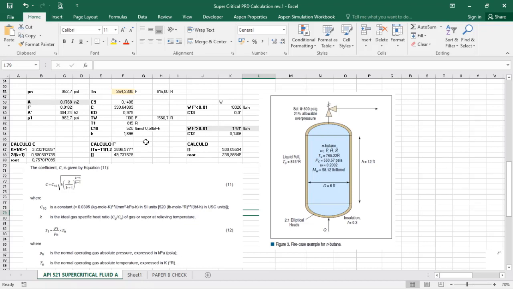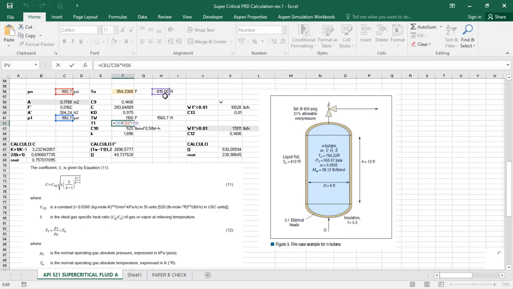So in this case, what I did to define the T1, that is the relief temperature, was to use the references that I have. What I have as set point pressure or release pressure is 982.7 psi. My normal pressure is also the set point because it's the reference that I have in the paper.